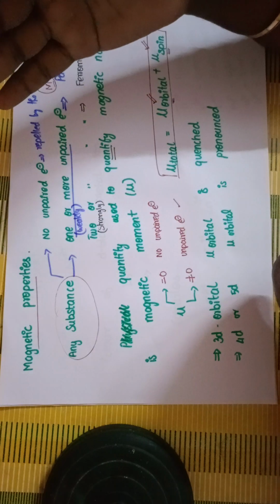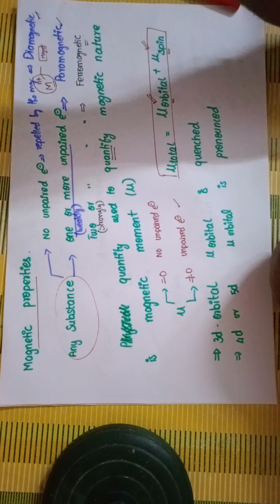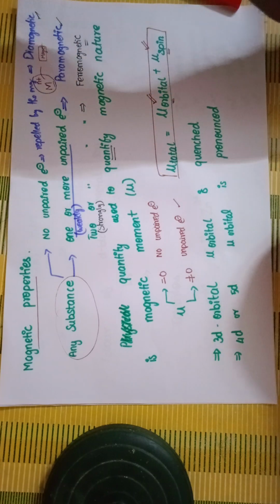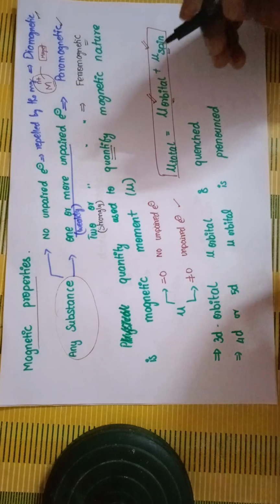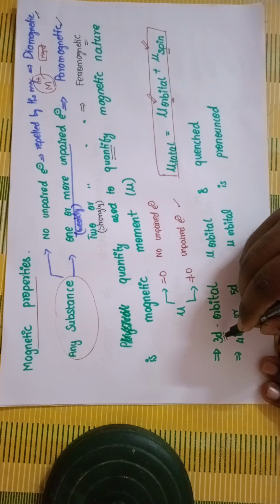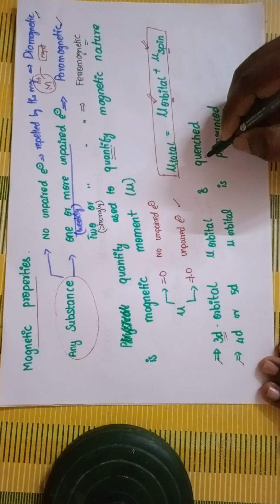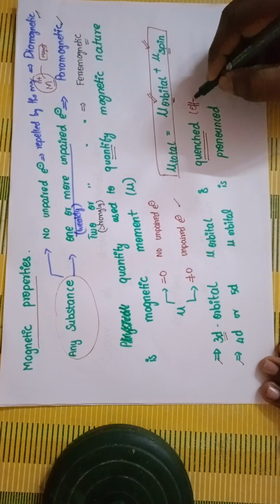If the orbital is far away from the nucleus, it can exhibit random motion. There the contribution, the predominance, the effect will be more. If the orbital is close to the nucleus, the effect will be less. So mu orbital plus mu spin. But for 3d elements, if you compare 3d and 4d, 3d is close to the nucleus. So the mu orbital is quenched, or the effect is less.